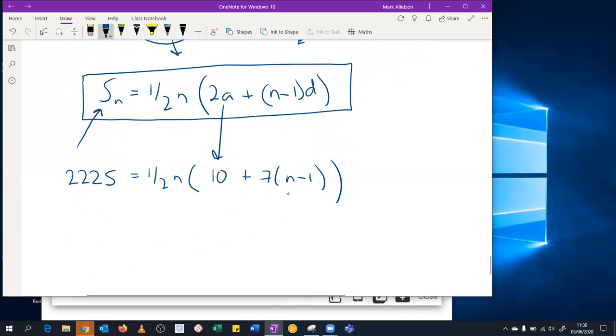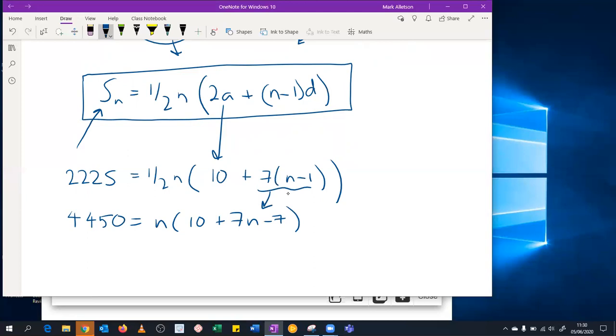Actually, what I'll do first, I don't like the half making things look more difficult, so I'm going to times everything by 2. So this becomes 4,450, and this just becomes n brackets 10 plus, then I can expand this, 7n minus 7. So that was a times by 2, and this bit is the same as this.